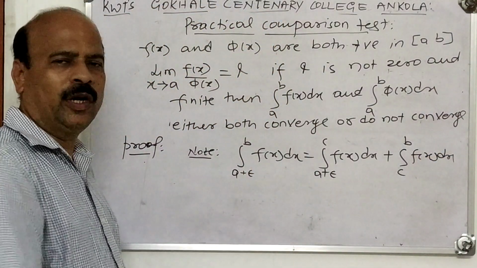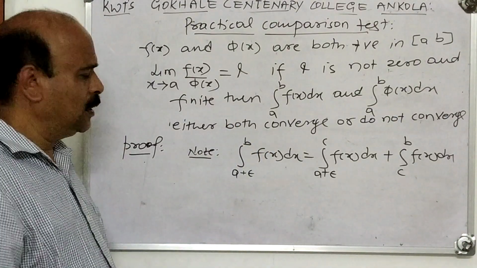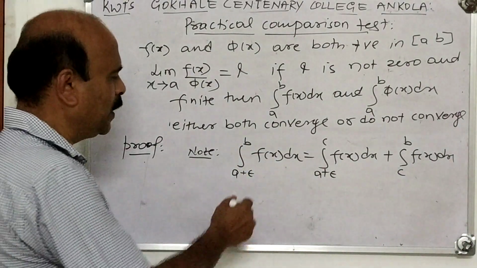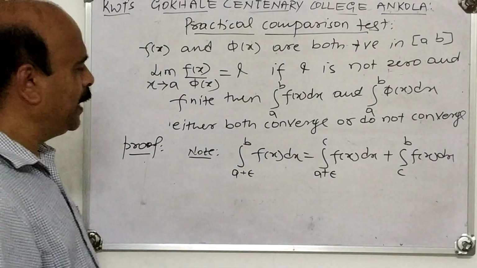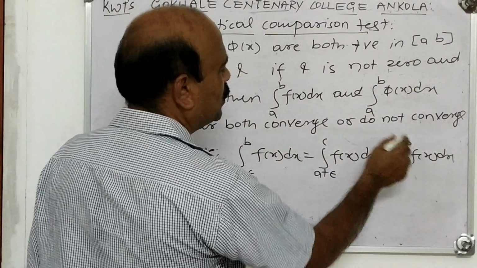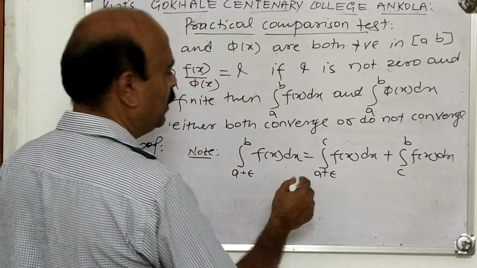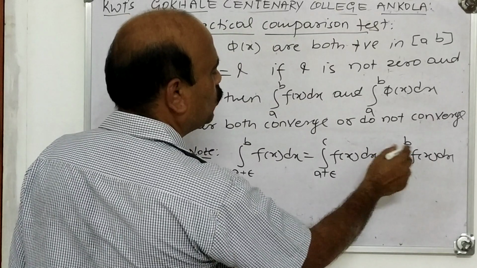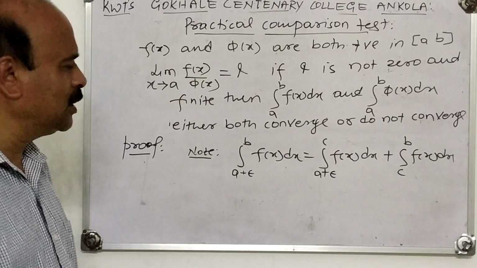When we say that the integral from a to b of f(x) dx converges, the limit of the integral from a+ε to b of f(x) dx exists. Suppose c is very near to a. Then the integral from a+ε to c of f(x) dx and the integral from c to b of f(x) dx either both converge or both do not converge. Try to understand.